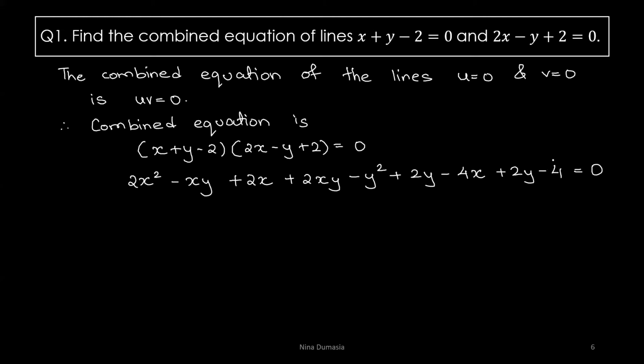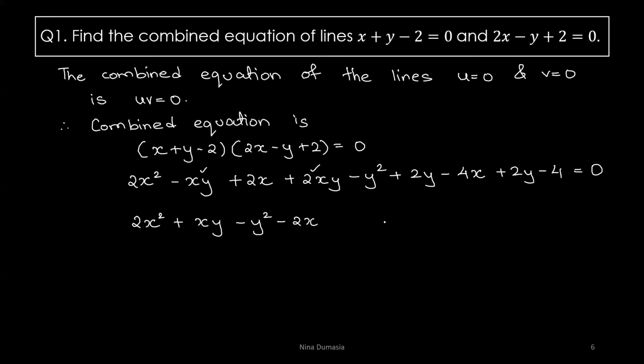Okay, अभी इसको कैसे लिखना है, you have to write x square सबसे पहले. ठीक है, second thing you should write xy वाला term. xy वाले term दो हैं, we have minus xy and plus 2xy. दोनों को combine करेंगे तो we will get just xy. So you write next is xy term. उसके बाद you write y square वाला term. Okay, then उसके बाद you write only x वाला term. So that is 2x and minus 4x which is minus 2x.